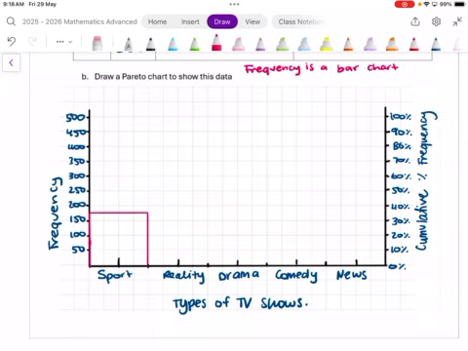Okay, reality is 107, so just above the 100. Okay, drama is 78. Comedy is 73, so just a little bit lower.